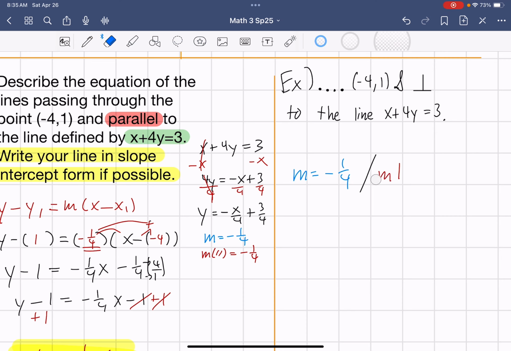So my perpendicular slope is going to be opposite signs. This was negative, the next one's positive, and then it's going to be 4/1, which is just 4. And then nothing here talks about horizontal or vertical. Slope 0, undefined slope. So it's going to be like this.